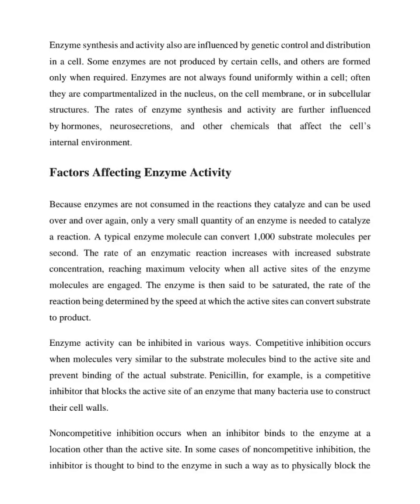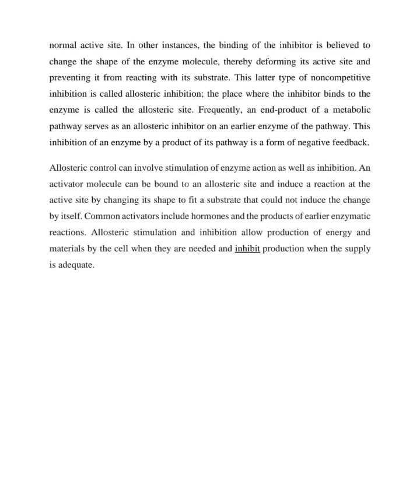Non-competitive inhibition occurs when an inhibitor binds to the enzyme at a location other than the active site. In some cases of non-competitive inhibition, the inhibitor is thought to bind to the enzyme in such a way as to physically block the normal active sites.